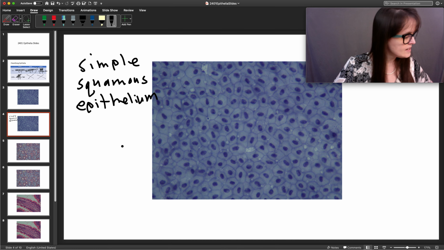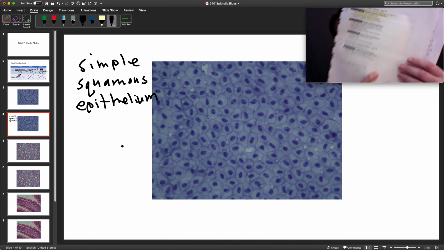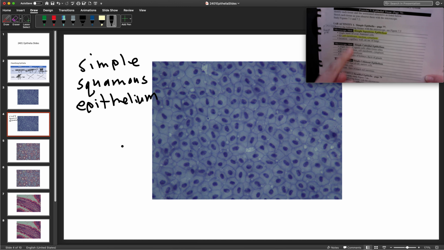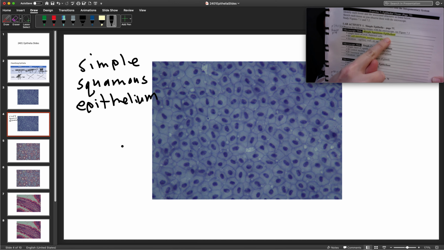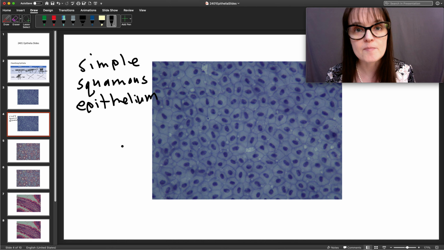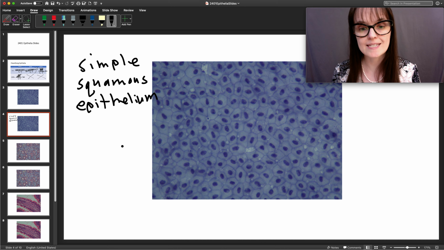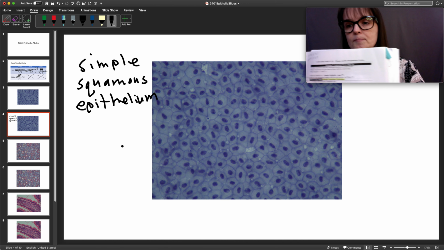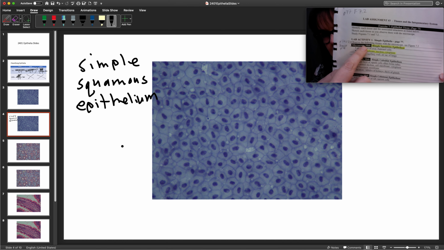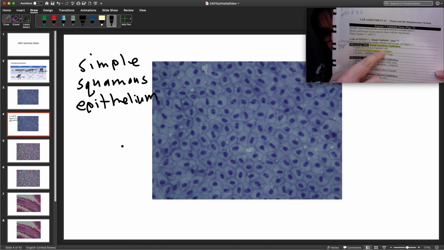Okay, so if you're following along with your booklet, you see where it says microscope slide in the dark, and then next to it in bold, simple squamous epithelium. That is the name of the tissue. If it has this picture and it says ID tissue, you type in simple squamous epithelium, and it must be spelled correctly. This next line is a description, single layer of oval flattened cells.